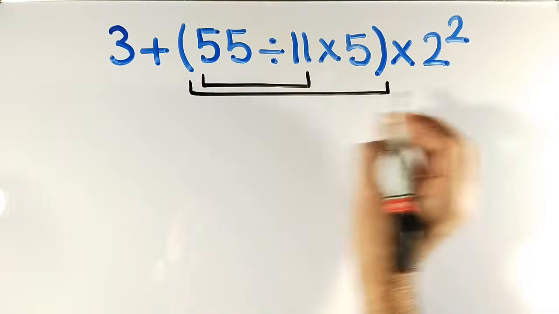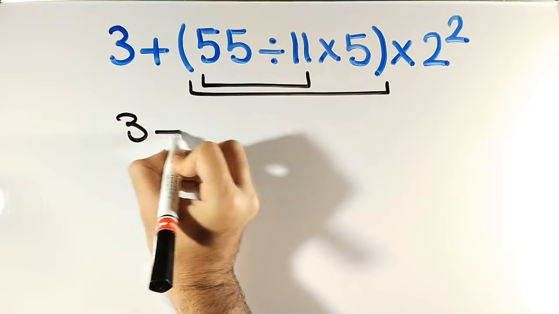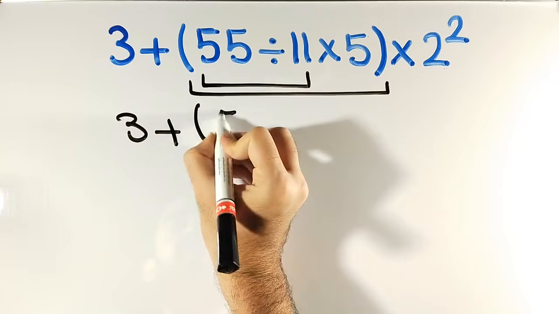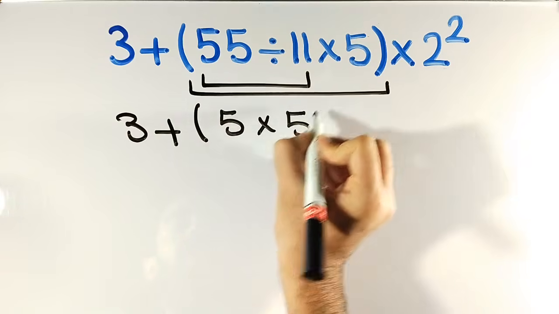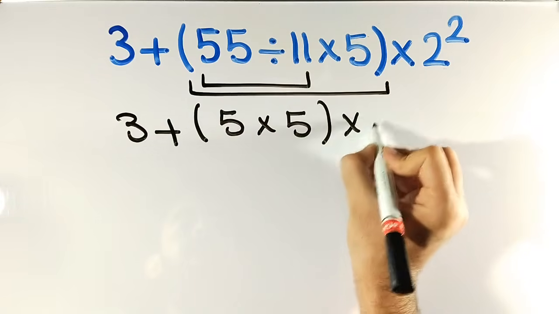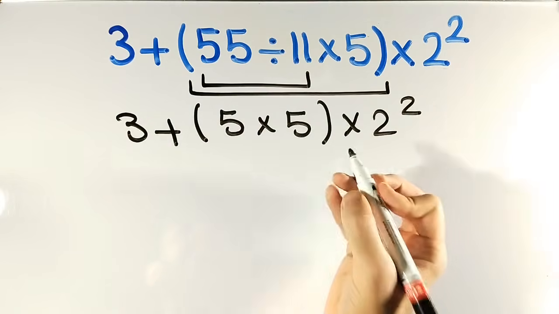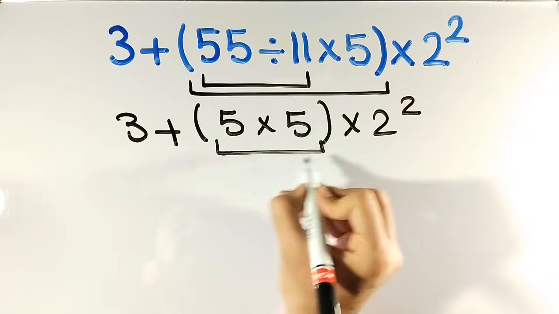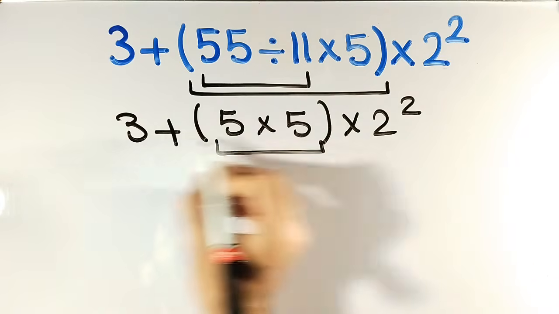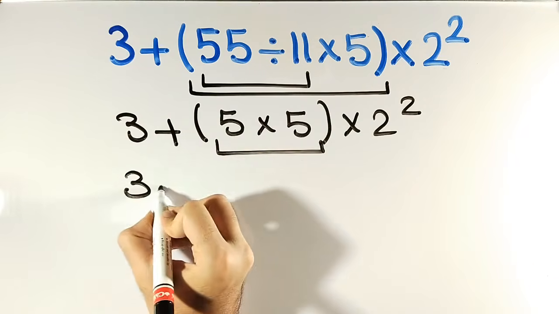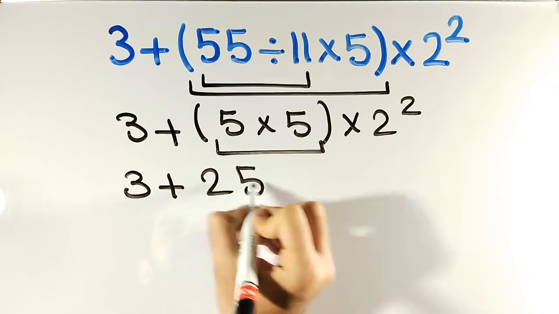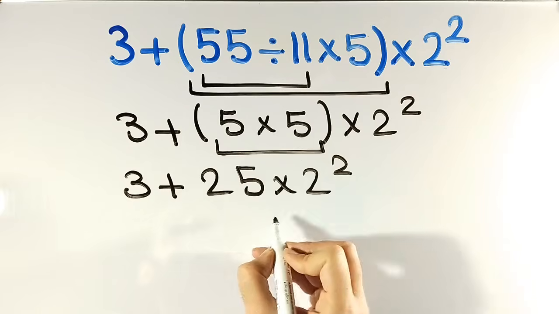So, instead of this expression, they write 3 plus open parenthesis 5 times 5 close parenthesis and multiplied by 2 squared. And the next step, they go for the multiplication between 5 and 5 and write this expression as 3 plus 25 multiplied by 2 squared.